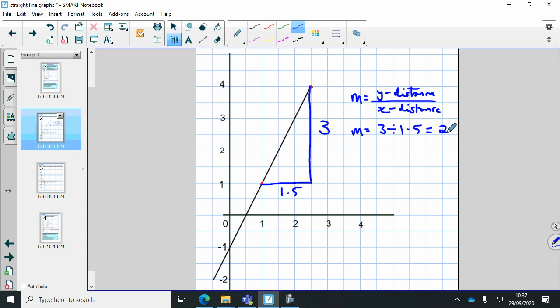So our gradient is 2. Now what that means is for every 1 you go across, you go 2 up. So you can see here that we go 1 across and 2 up, 1 across, 2 up, and so on. It's the same gradient wherever you pick your numbers.